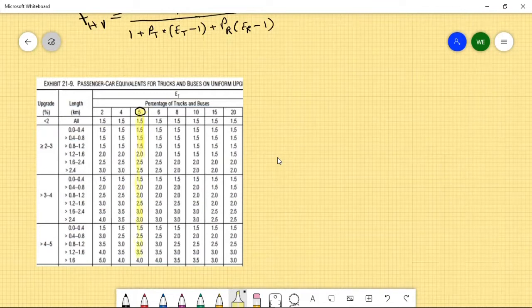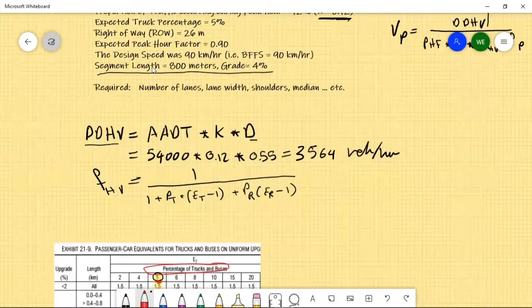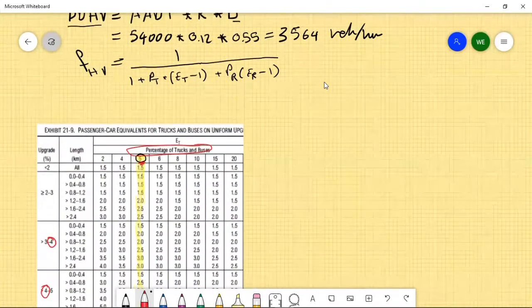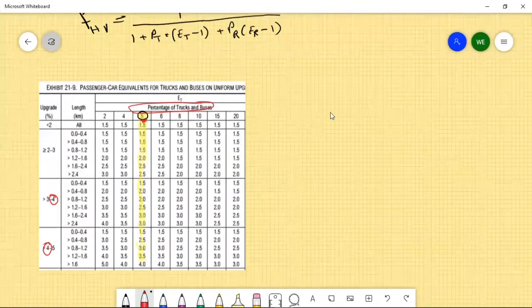The grade is 4%. So for the equivalent truck, the length of the segment is 800 meters and the grade is 4% upgrade. So we are going to be somewhere here.